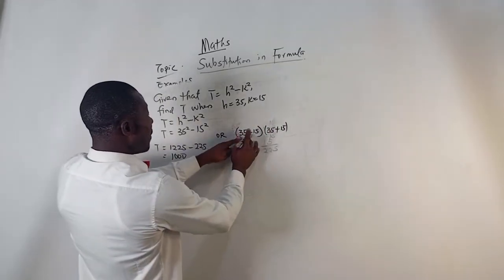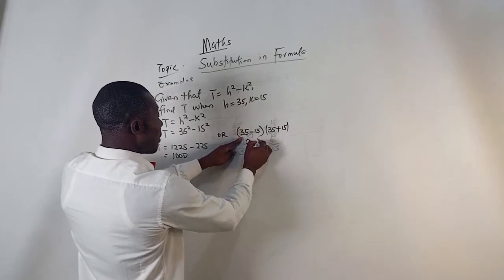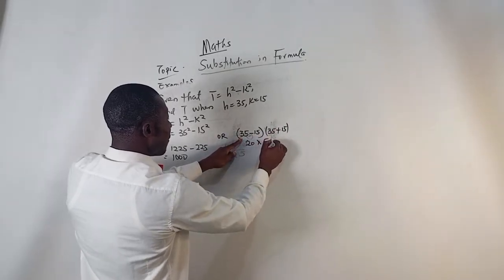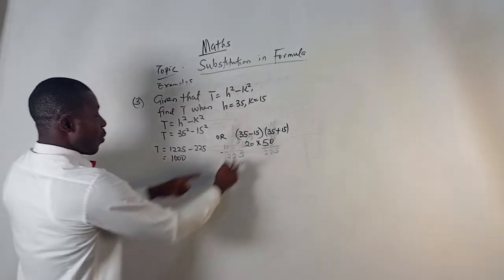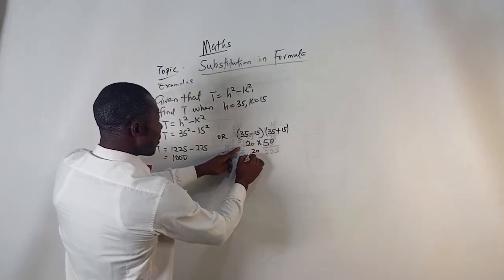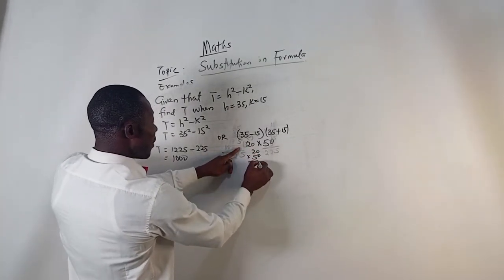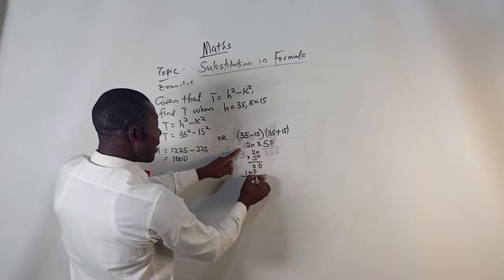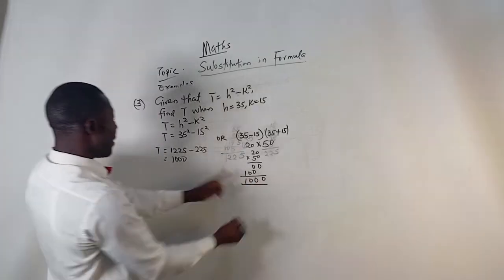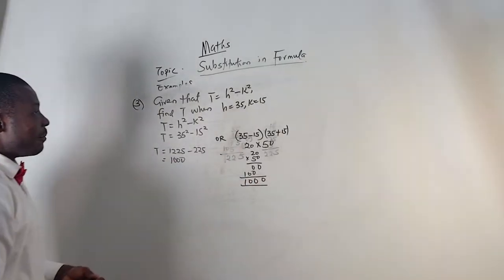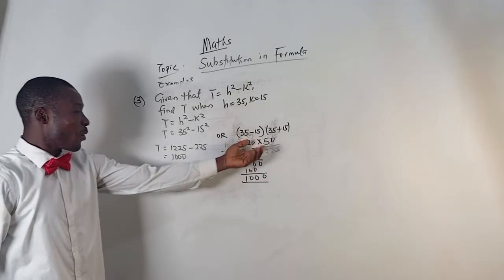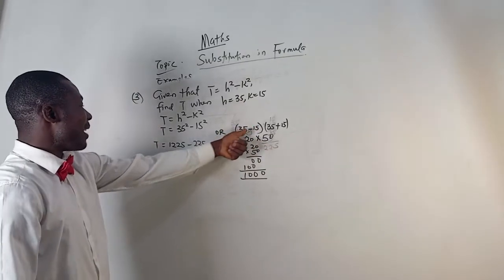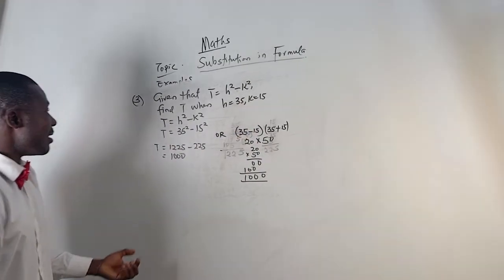When you take away 15 out of this one, we have 20 multiplied by the addition of this one, which will give us 50. This is another method. So when you multiply 20 multiplied by 50, this one will give us 1000. You can see they are the same. So we call this one power. We'll talk about this and more when we apply this method in our next discussion.